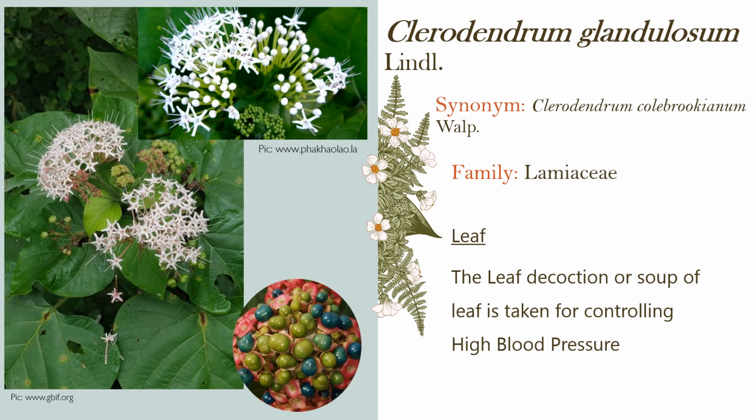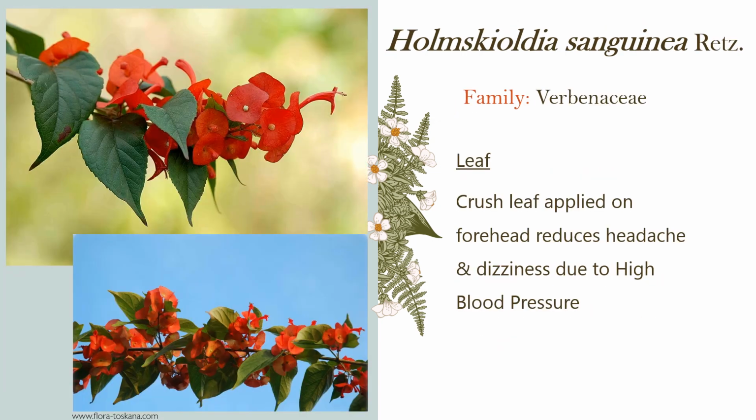So this is Clerodendrum glandulosum, which is commonly accepted as Clerodendrum colebrookianum. But this is actually the synonym. So this comes under the family Lamiaceae. So here the leaf is again used. So the leaf decoction or the soup of the leaf is taken for controlling the high blood pressure.